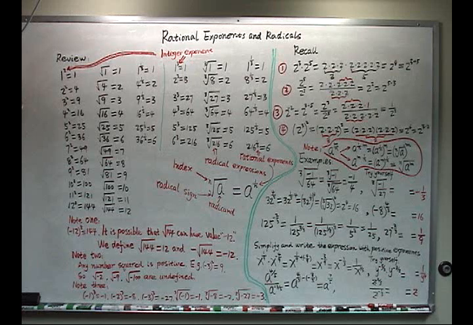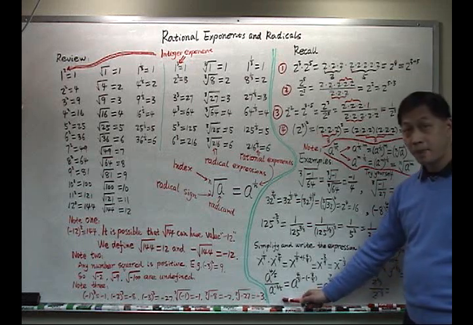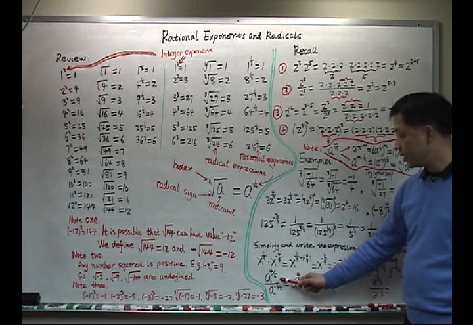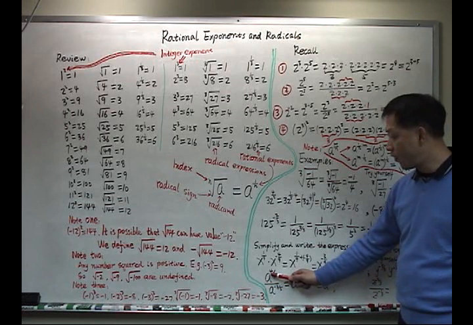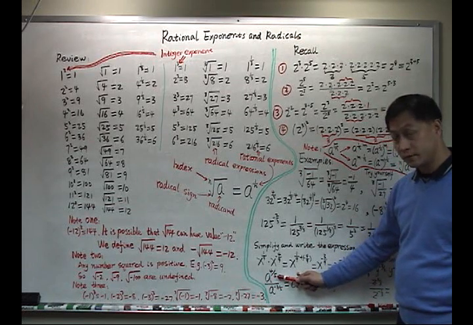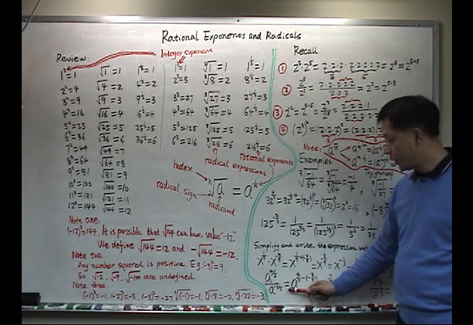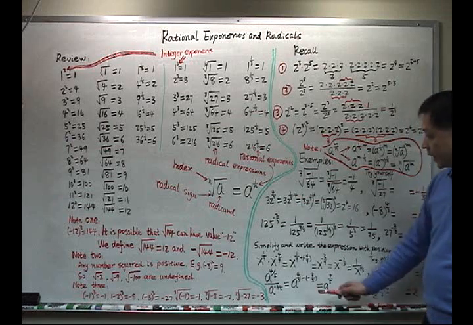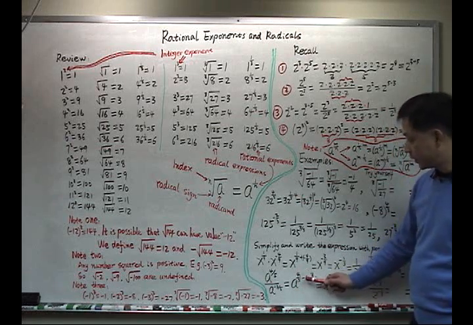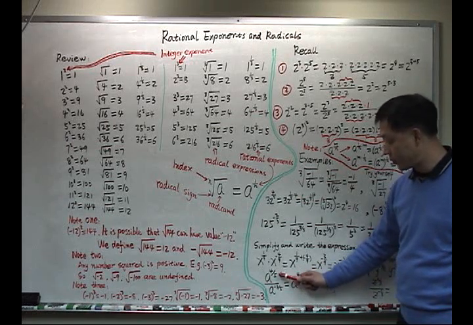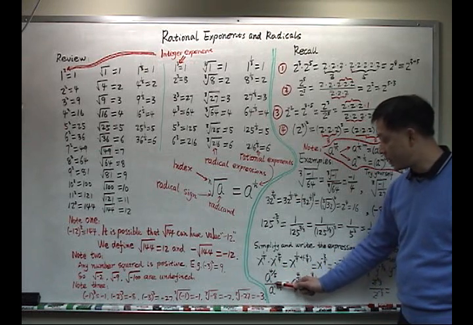Now, the last one. The last one right here is a to the 4/5 over a to the negative 3/5. It equals a to the difference of the two exponents, which is upstairs minus downstairs.